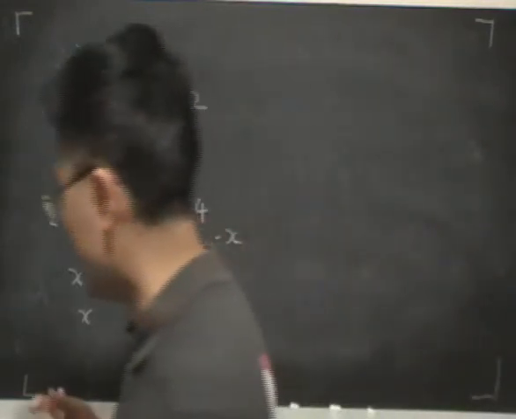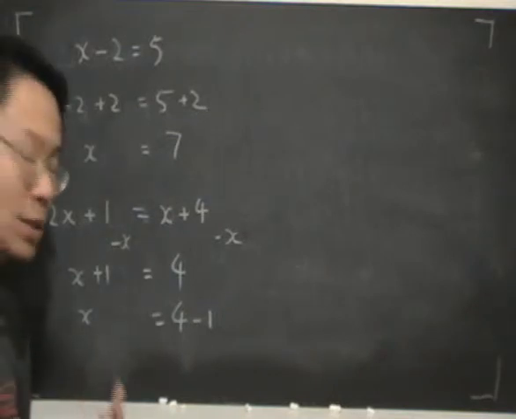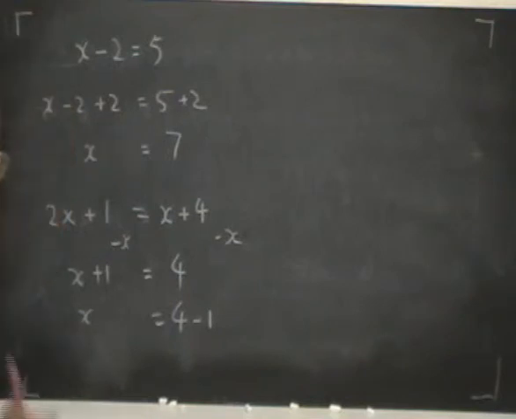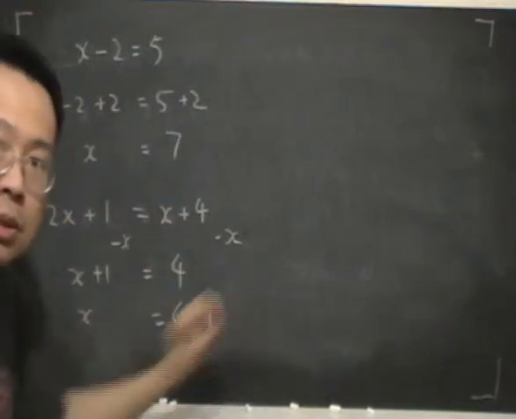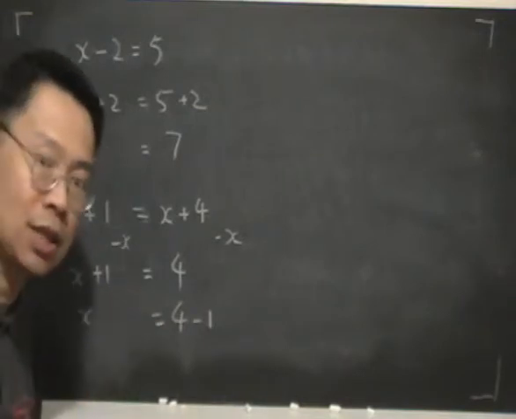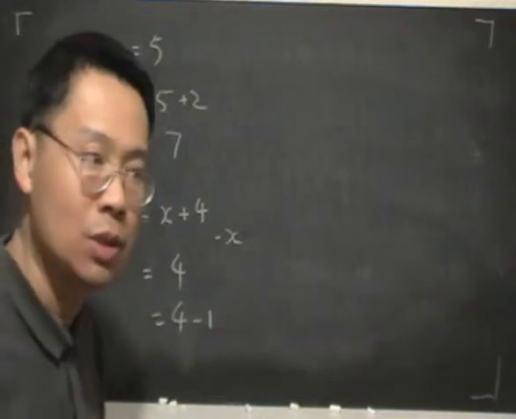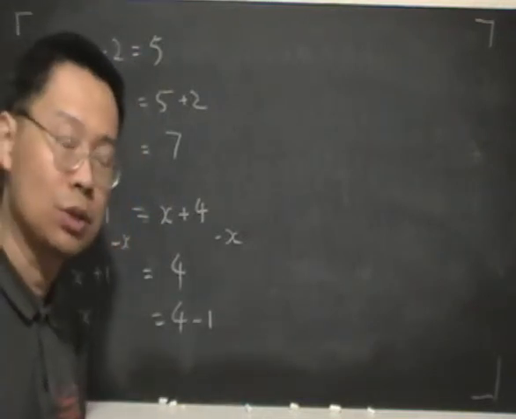Instead of thinking of it as subtracting 1 from both sides, you can think of it as transferring or moving the 1 to the other side and then changing the sign. So this is one way that people often use when they do equations.